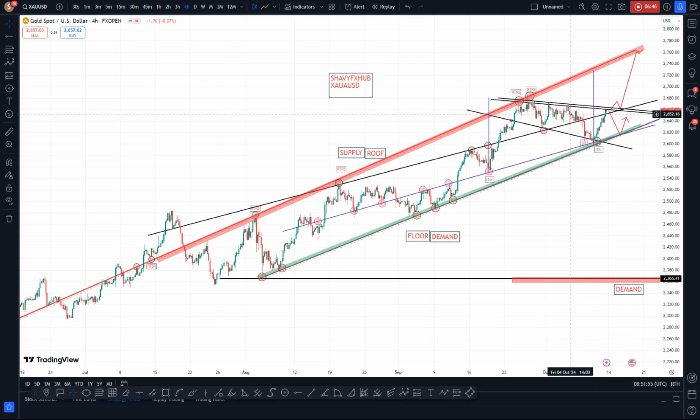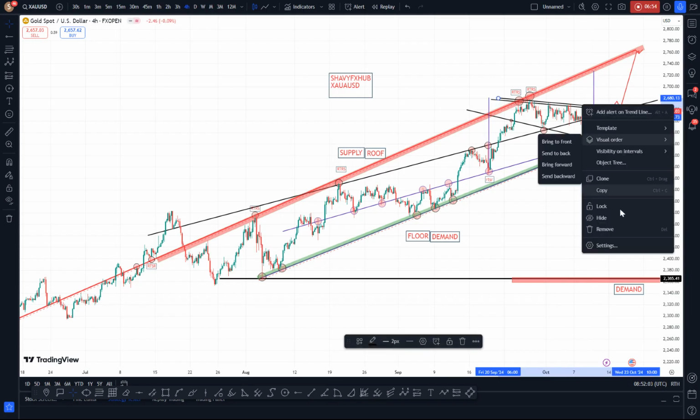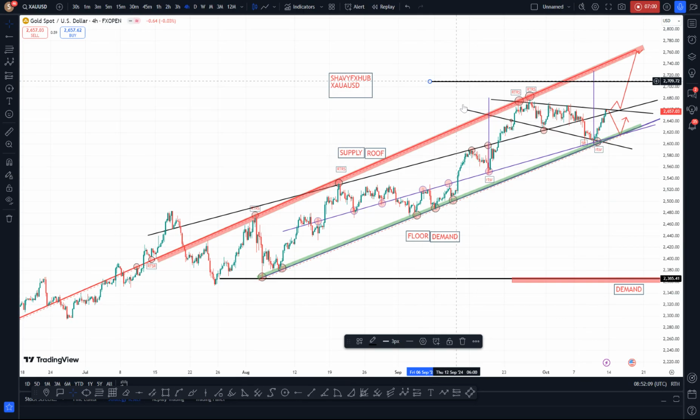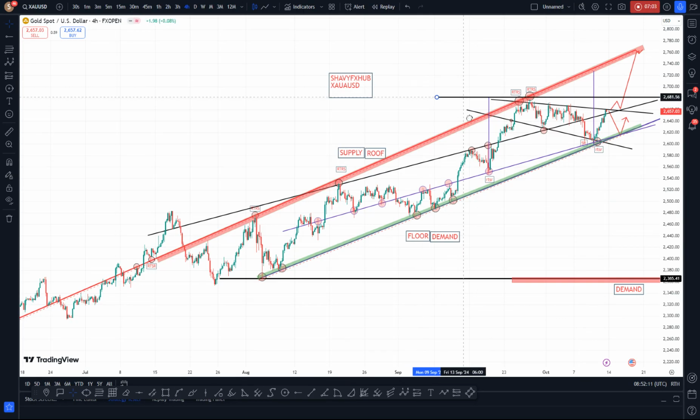That will be a break of this level. If we're able to break this level, then we will know that buyers are ready and the liquidity is also available for the uptick. Without liquidity, nothing moves in the market. So we'll stop here. We are done with XAU.